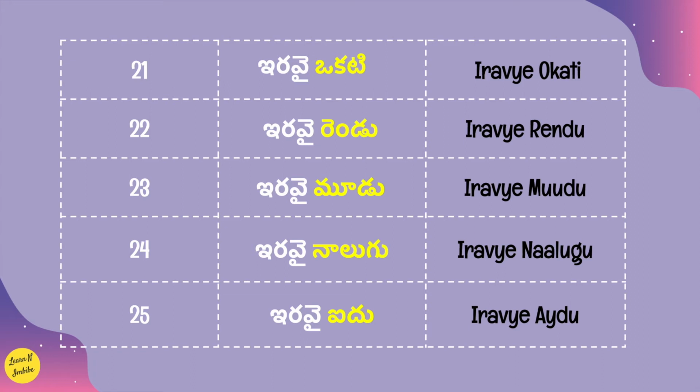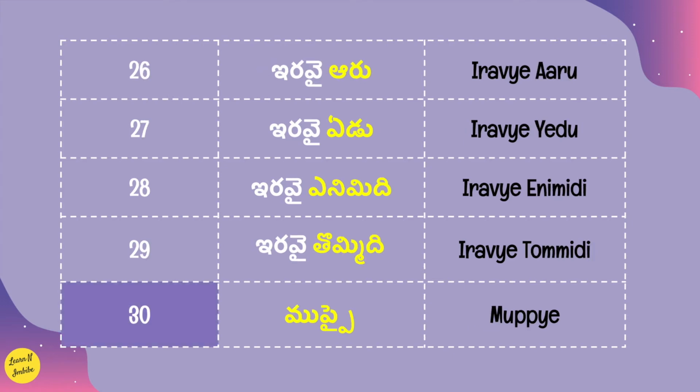So 20 plus 1, ఇరవై plus ఒకటి, ఇరవై ఒకటి, that is 21. 22, ఇరవై రెండు, 23, ఇరవై మూడు, 24, ఇరవై నాలుగు, 25, ఇరవై ఐదు, 26, ఇరవై ఆరు, 27, ఇరవై ఏడు, 28, ఇరవై ఎనిమిది, 29, ఇరవై తొమ్మిది, 30, ముప్పై.